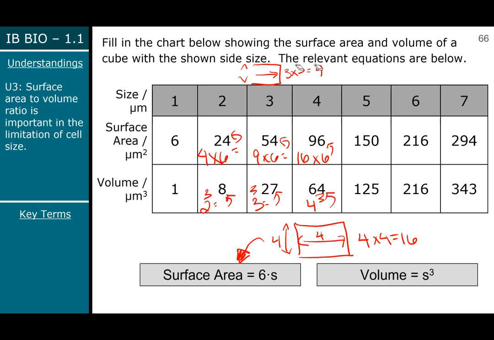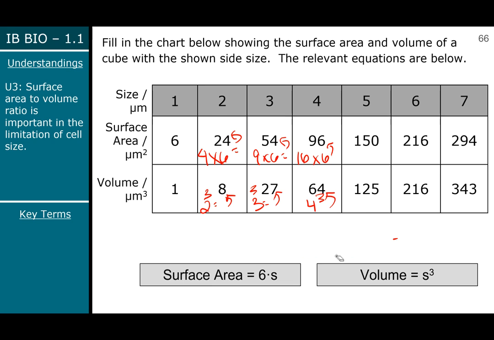Let's do it again. Let's do 5. So we have a cube. Its height is 5. It's a cube, right? So the surface area of one face, 5 times 5, is 25, right?